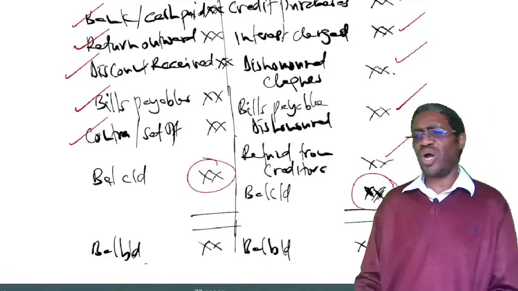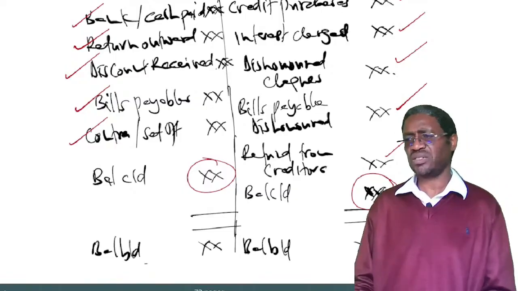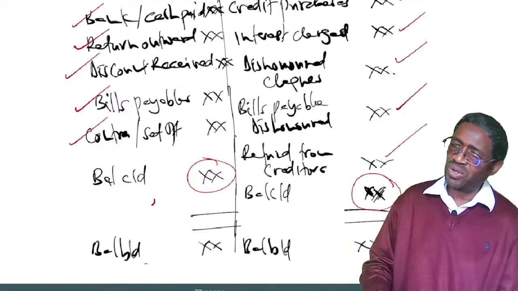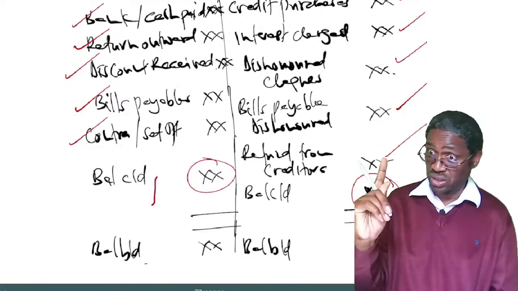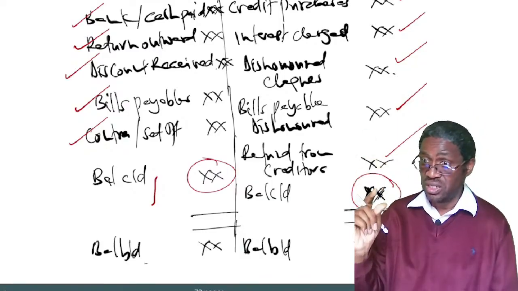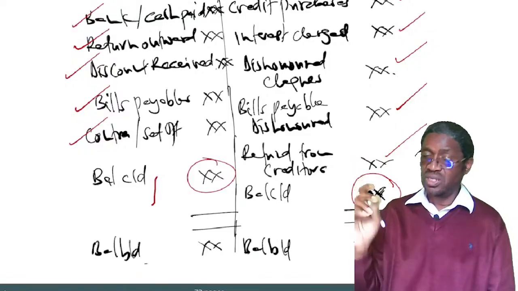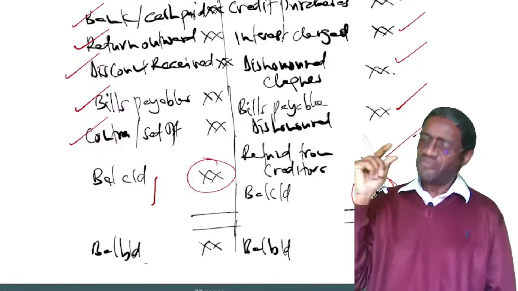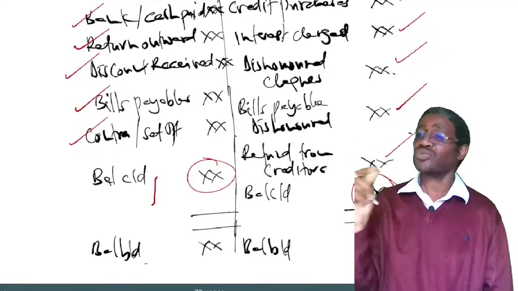The other reason why we prepare control accounts is this. In the balance sheet, we normally take the figure for debtors as a single amount, not the individual debtors, which are 100 debtors. You get the total of them. Creditors, the same. We normally take to the balance sheet the figure for creditors as one amount.